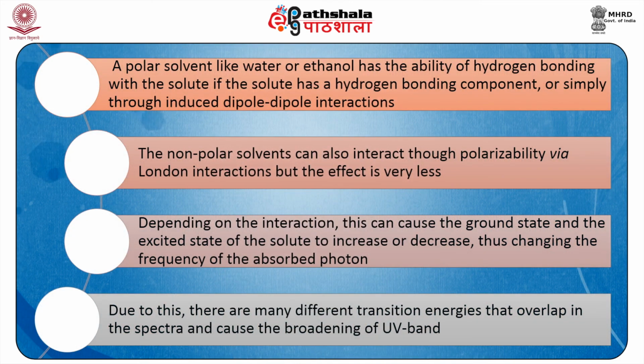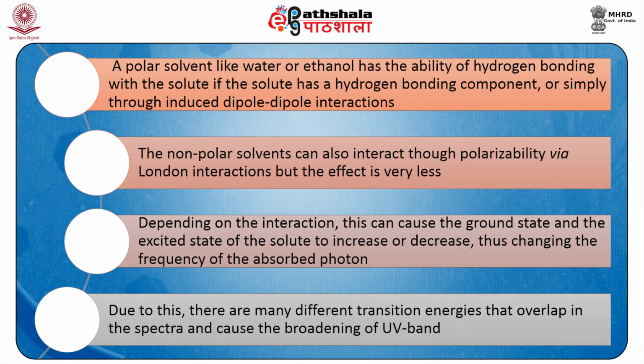For example, a polar solvent like water or ethanol has the ability of hydrogen bonding with the solute if the solute has a hydrogen bonding component, or simply through induced dipole-dipole interactions. Non-polar solvents can also interact through polarizability via London interactions, but the effect is very small.